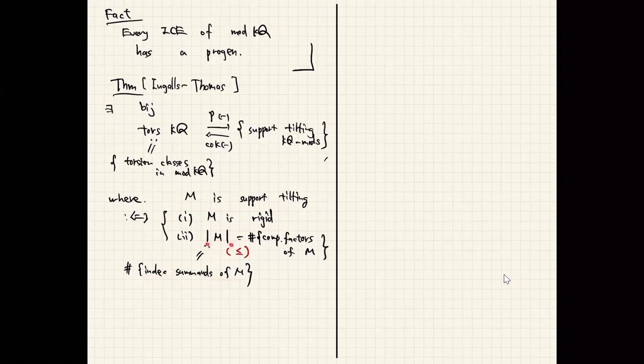So in general, this number is less than or equal to this, and support tilting ensures that this number coincides. So this is maybe the first result about classification of torsion classes in the representation theory of finite dimensional algebras.